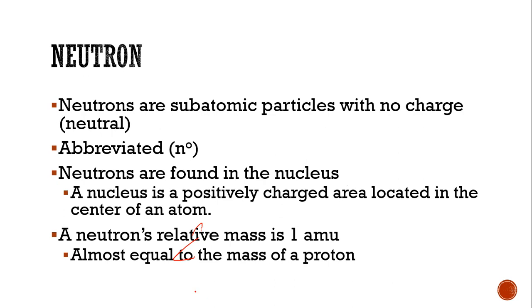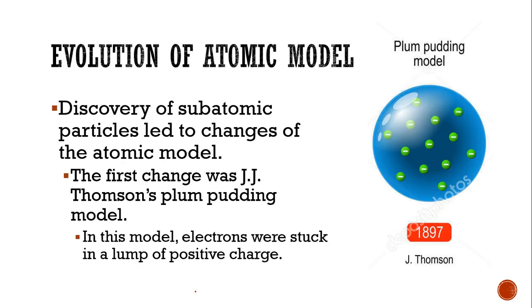Now remember, we said that Dalton and Democritus said that the atom was a solid sphere, but this understanding of subatomic particles allowed us to evolve the atomic model from what it first was. And one of the first people to change the atomic model was J.J. Thomson, because he actually discovered the electron.